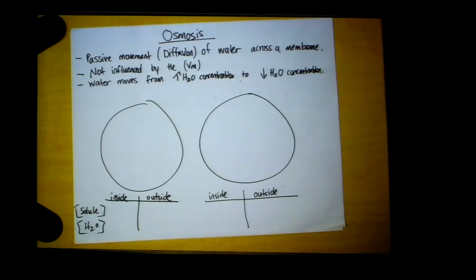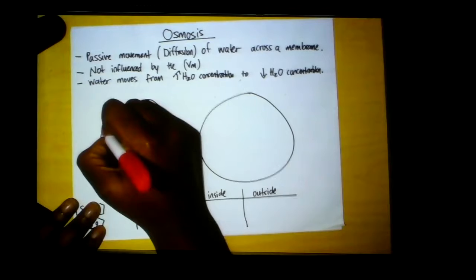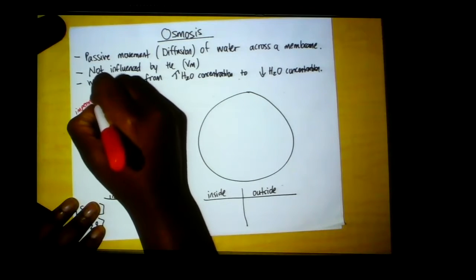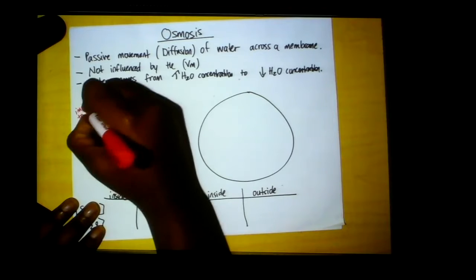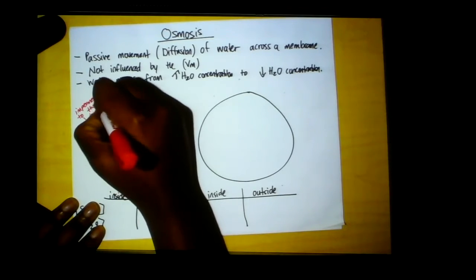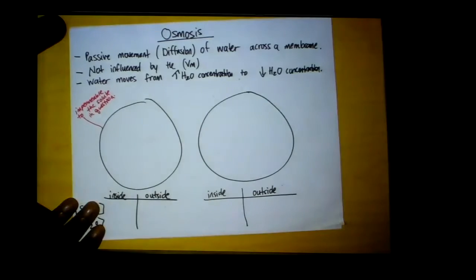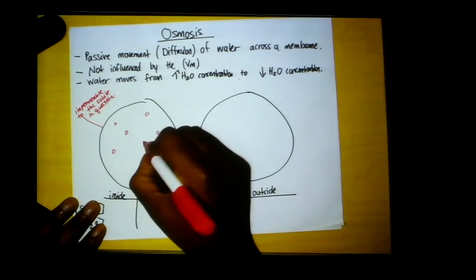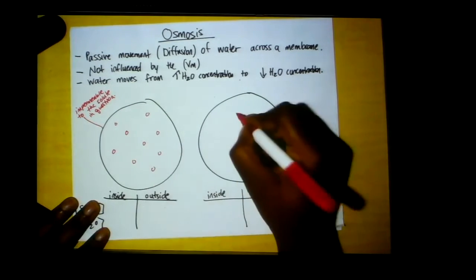Now, we also want to remind ourselves that when we speak about osmosis, the membrane is impermeable to the solute in question. All right, so this membrane that we're speaking about is impermeable to the solute in question. All right, so let's look at our varying concentrations here of solute.